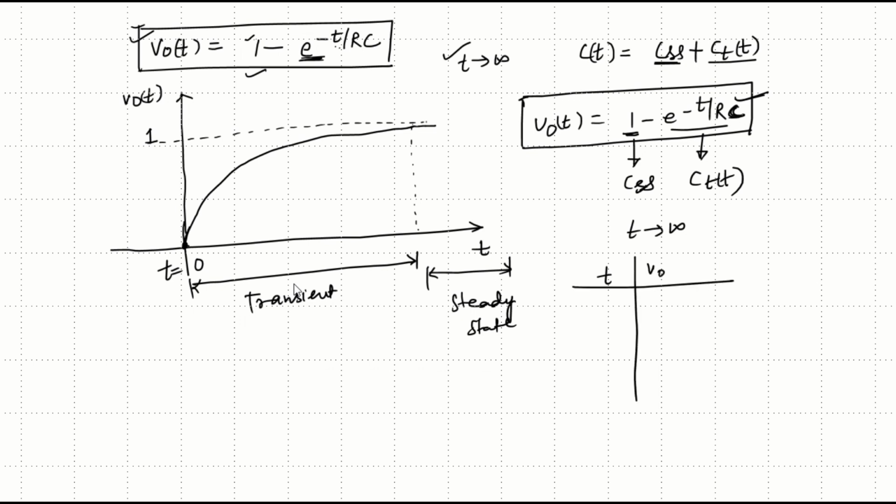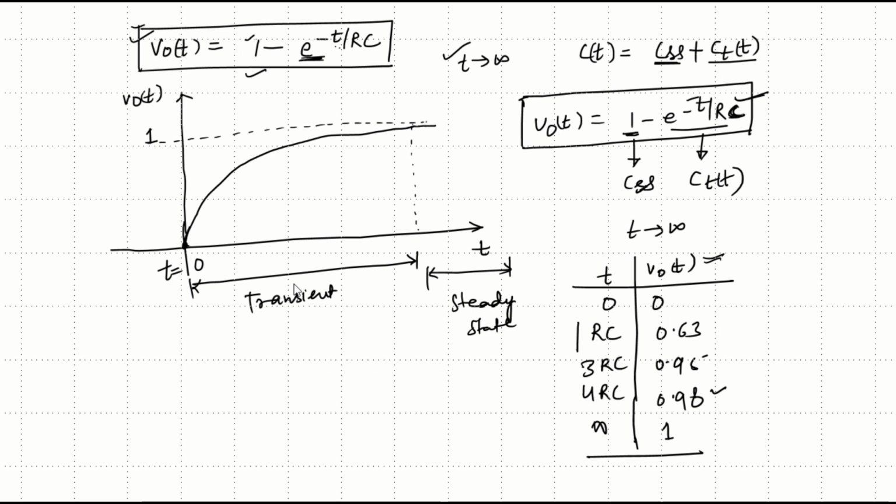At t equal to 0, the output is 0, and at t equal to RC, one time constant, the output is 0.63. At t equal to 3RC, this value comes out to be 0.95, and when t is 4RC, the value comes out to be 0.98. So we can clearly see that the output approaches the steady state value very fast, and at t tends to infinity it equals 1.